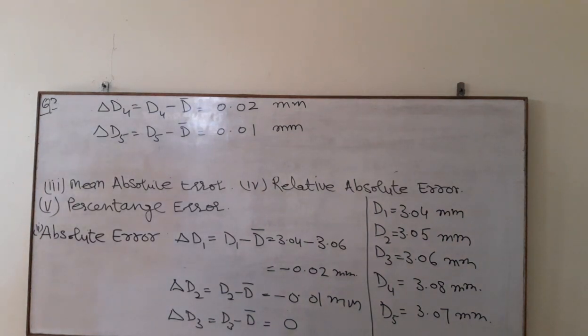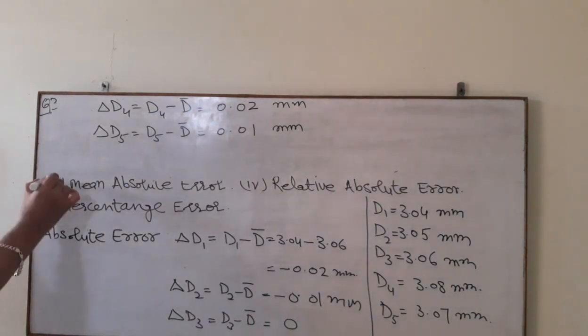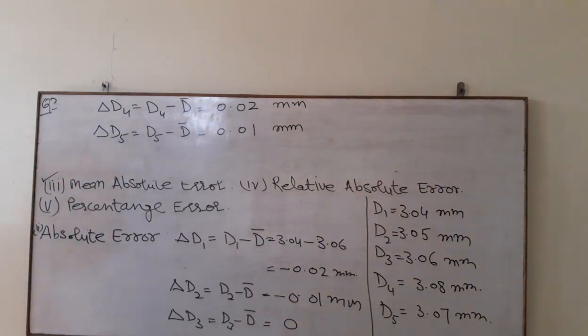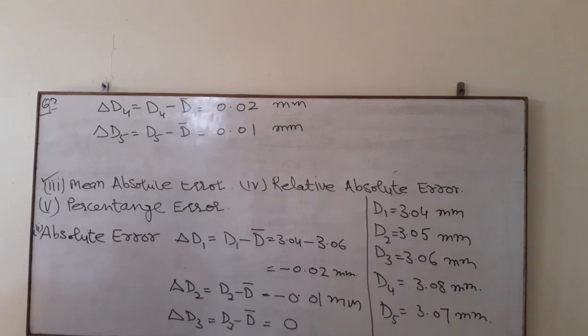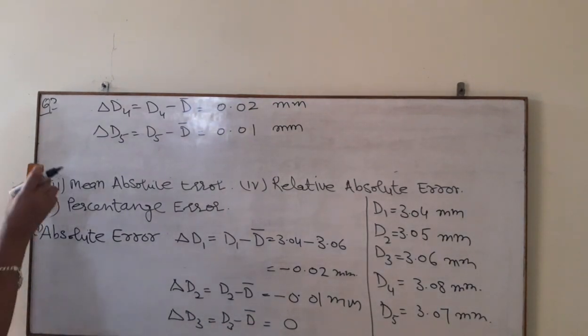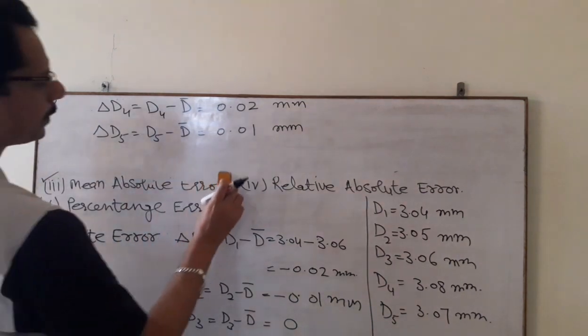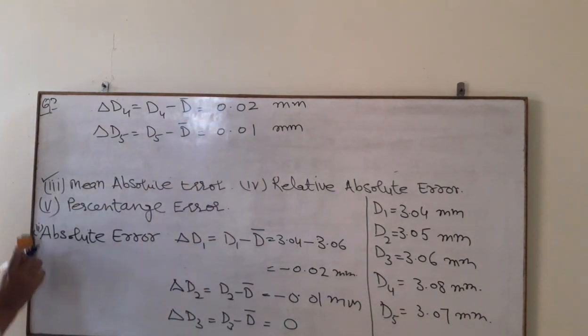Next we are moving on to the third part, which is mean absolute error.